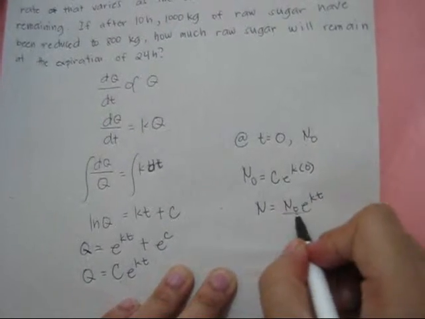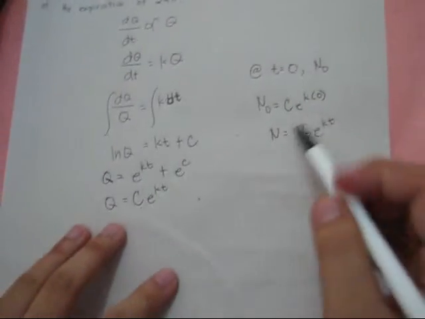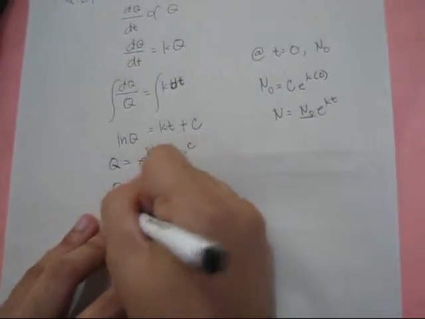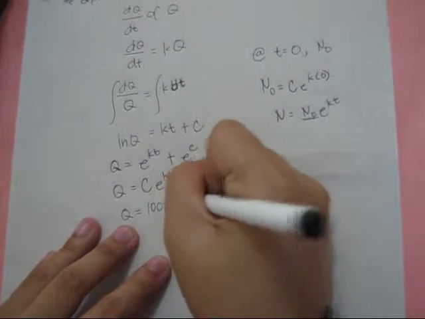As we all know, N sub 0 is just equal to 1,000 kilograms. So now we have the value of C. So Q is just 1,000 e to the Kt.